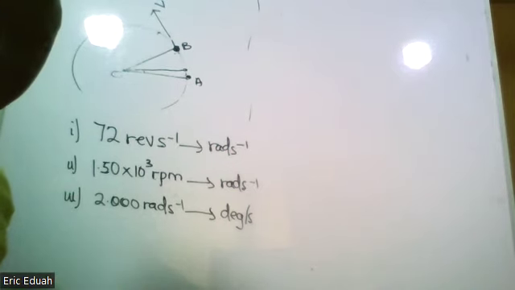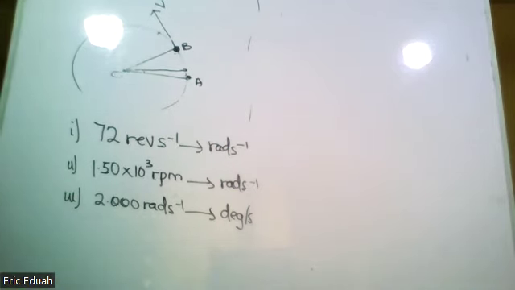What did you make for I? 114.64 degrees per second. That's correct. Yes, let's together look at it quickly. Maybe one is correct out of three.